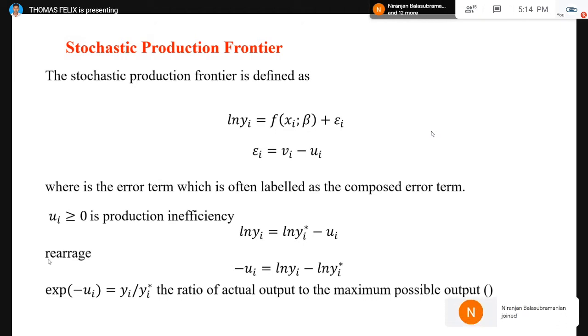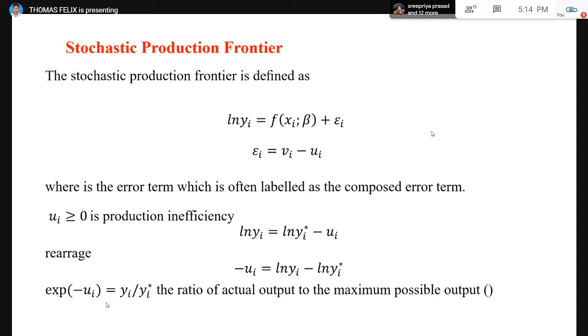This is what we have derived. Actually, to calculate actual yi divided by the predicted yi, that is, actual yield divided by maximum potential yield, the formula exp of minus ui is used to get the technical efficiency.